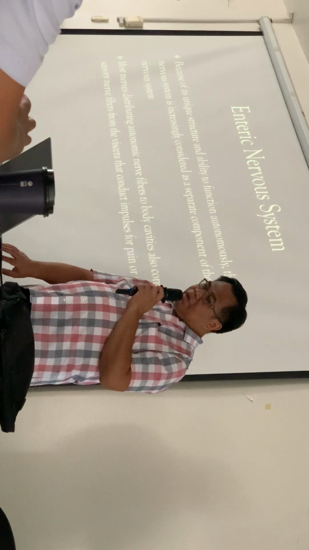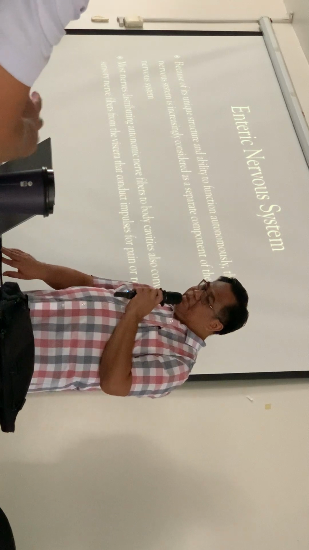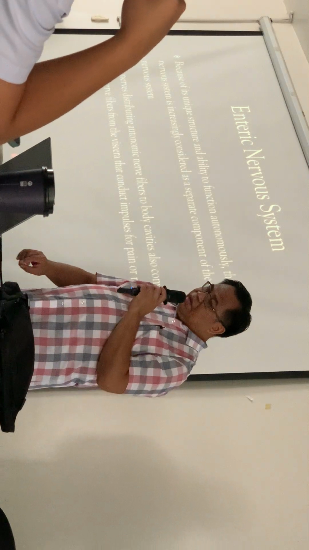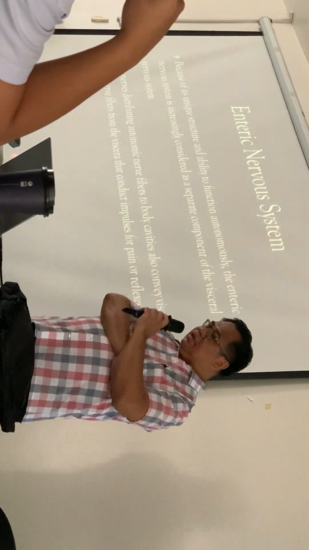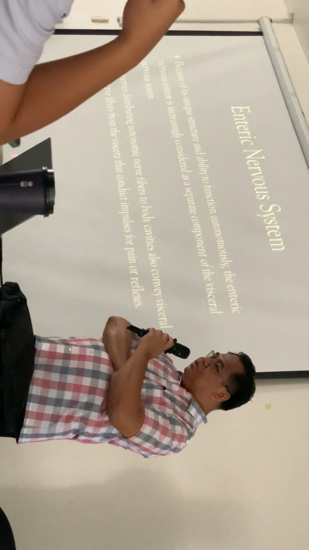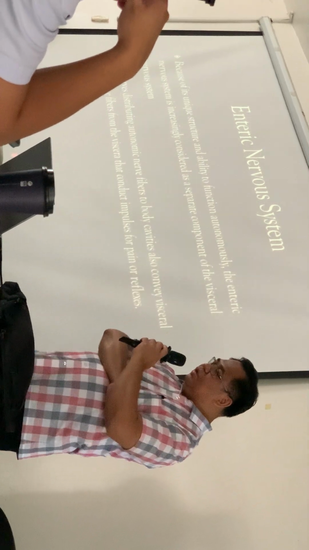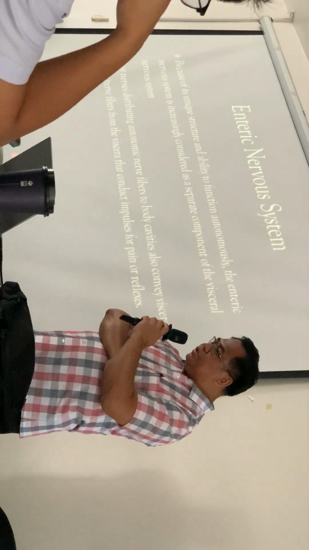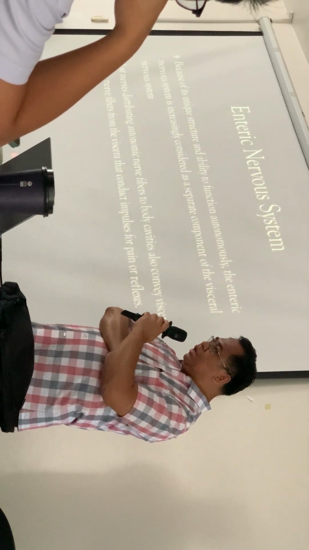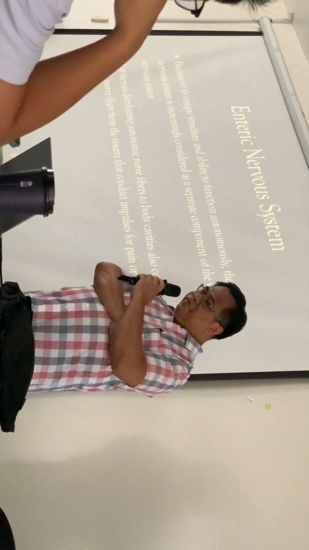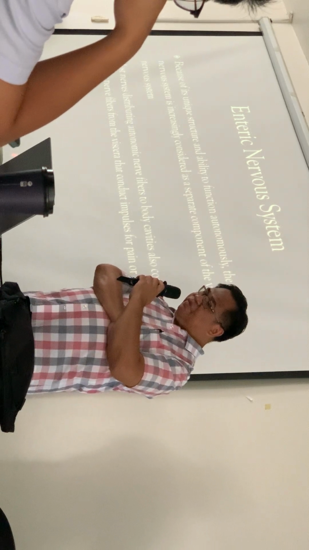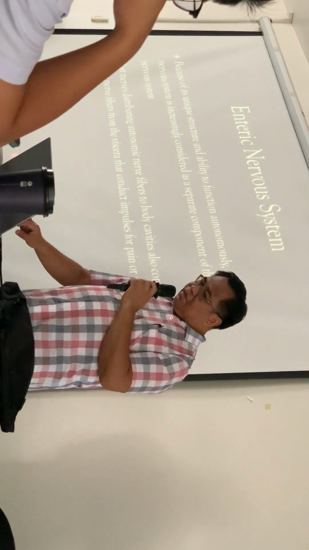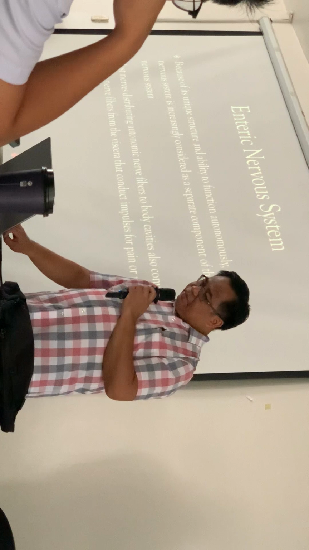The enteric nervous system is named because of its unique structure and ability to function autonomously, and it is increasingly considered as a separate component of the visceral nervous system. Most nerves distributing autonomic nerve fibers to body cavities also convey visceral sensory nerve fibers from the viscera that conduct impulses for pain or reflexes.